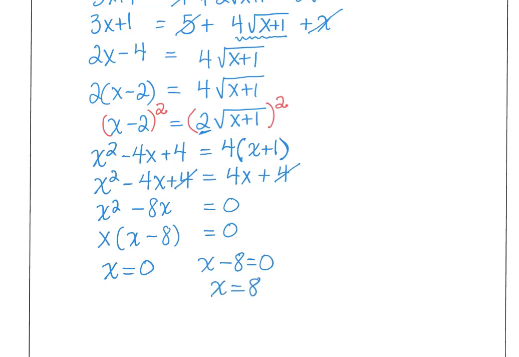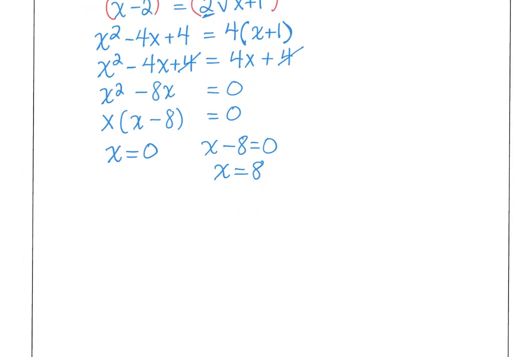So let's go back and revisit the original problem. So if we substitute 0 into the original equation, we have 3 times 0 plus 1, so that's the square root of 1, and then 0 plus 1, that's the square root of 1, and we want to know, is that 2?